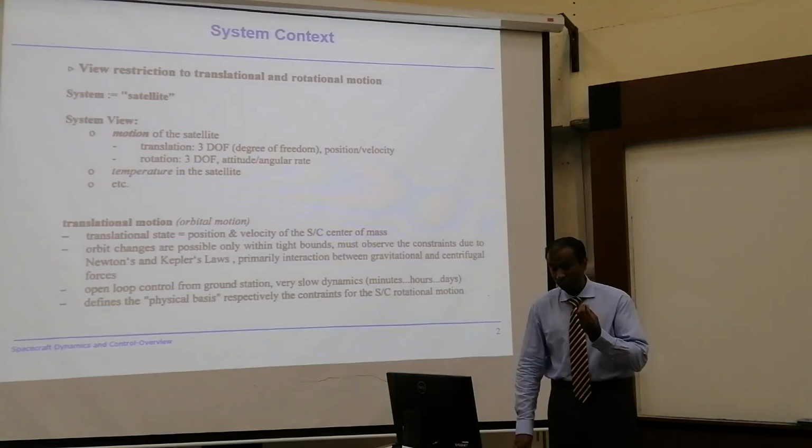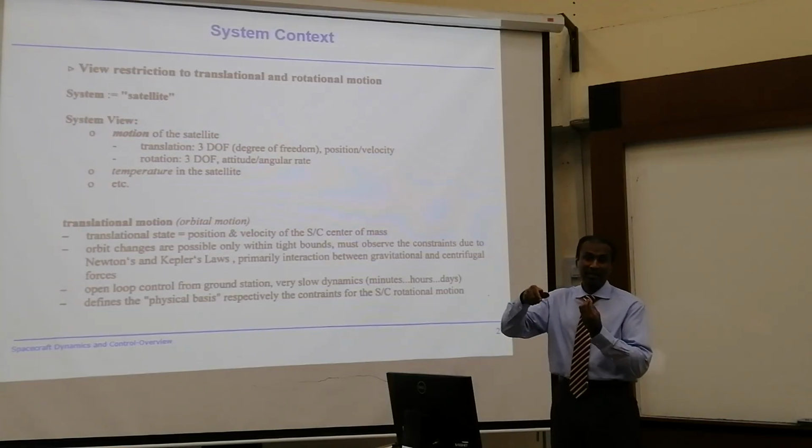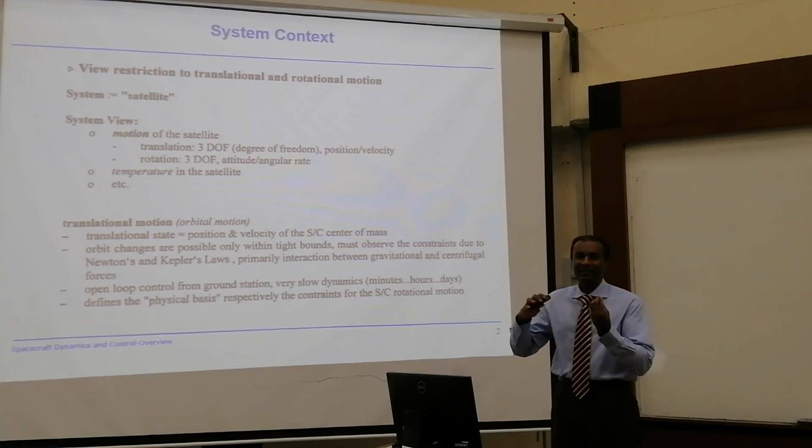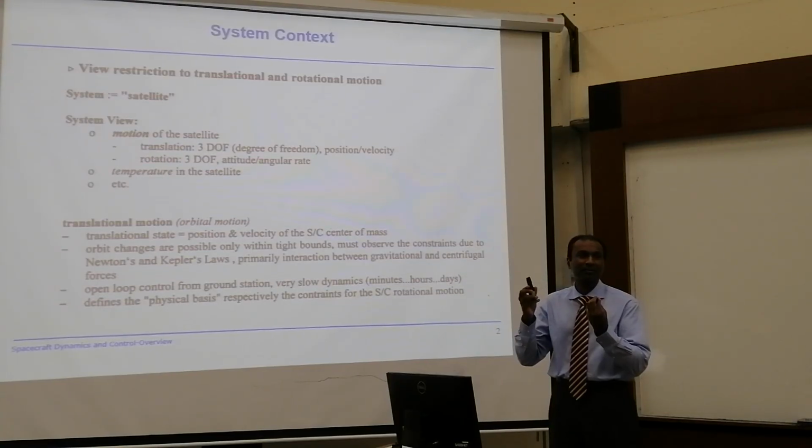Now, this is done. The calculation is done. But it is still in the orbit. In order for it to be very stable and to maybe point or look at planet Earth, we need spacecraft dynamics and control. So this motion is all rotational motion.